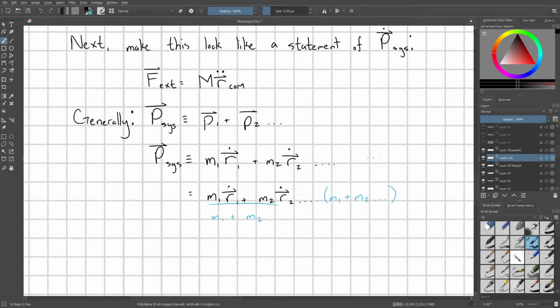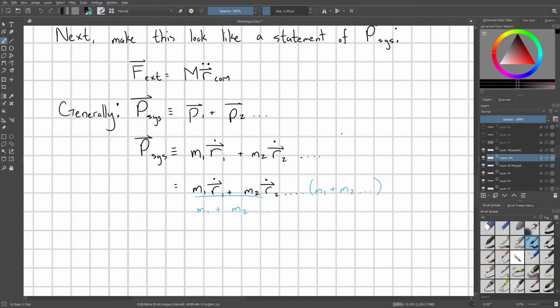All right, perfect. We take this, we divide by the mass of the entire system, m1 plus m2 and so on, and we multiply by the same. And so on the left-hand side, we still have P system, because really this is just multiplying by 1, right? Because those would cancel out with each other.